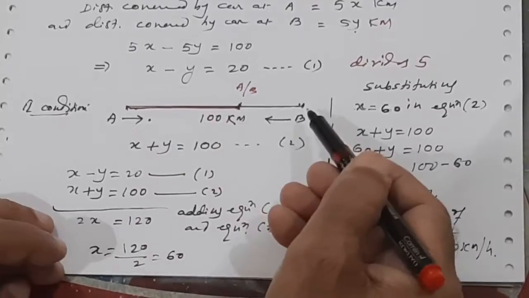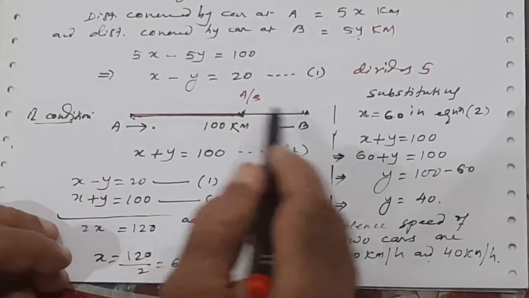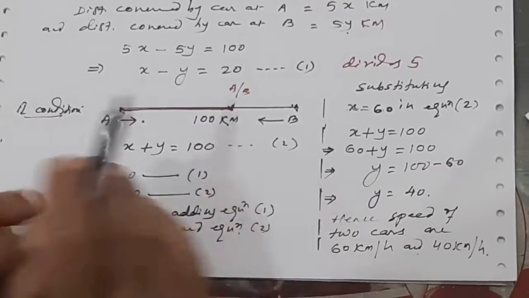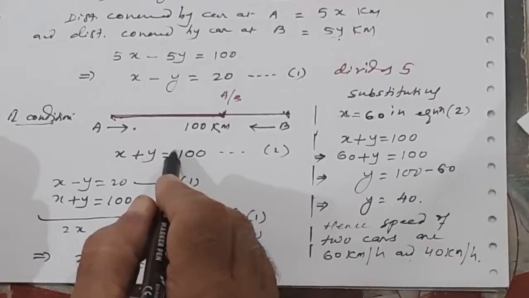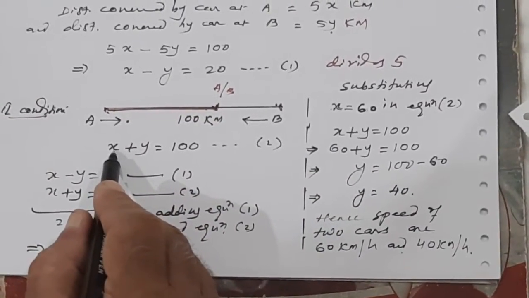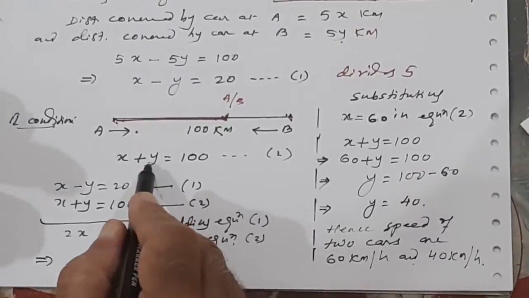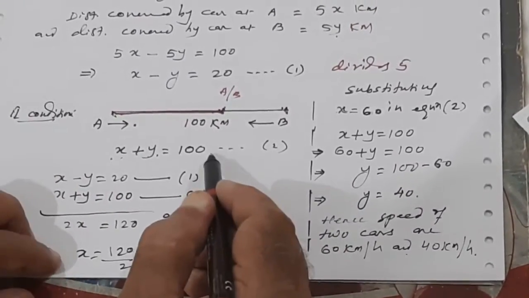So AC plus BC will be the total distance, 100 kilometer, and it is 1 hour. They are meeting in 1 hour. So x kilometer is done in 1 hour and y kilometer is done in 1 hour. So the total distance will be x plus y is equal to 100.